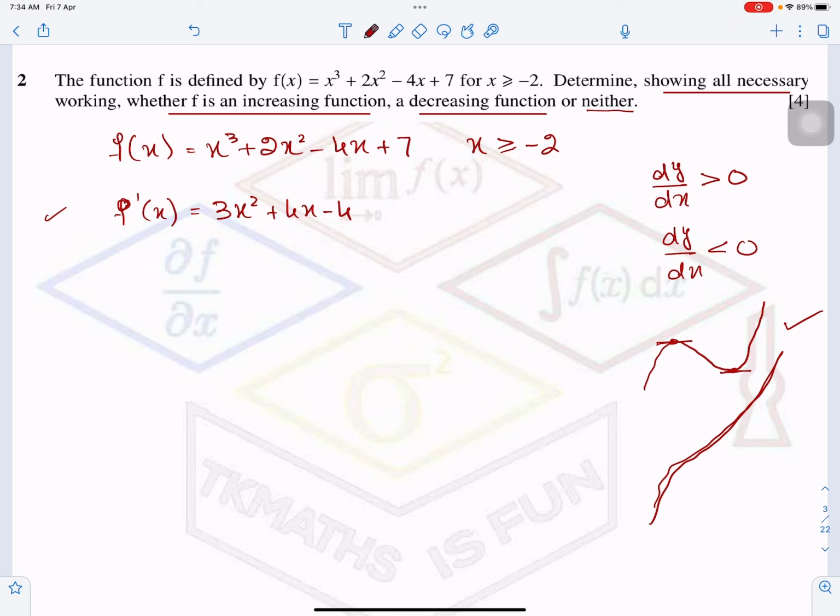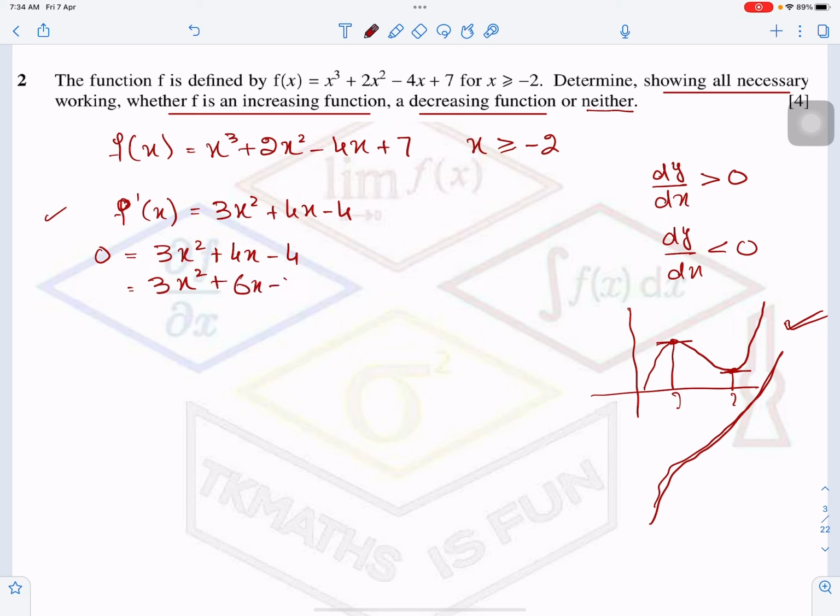Differentiation we have done. Now we will put it equal to 0, because if this is the situation, then I will get 2 values of x where my rate of change will be 0. So let me put it equal to 0 and simplify this. Either you use the factorization method if you can, or the quadratic formula to find the value of x. So let me solve by factorization, okay?